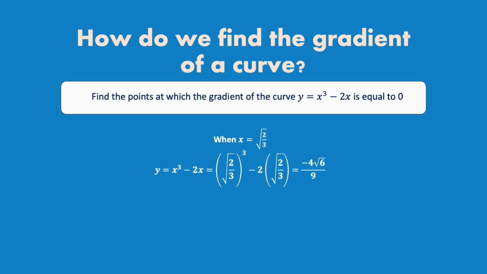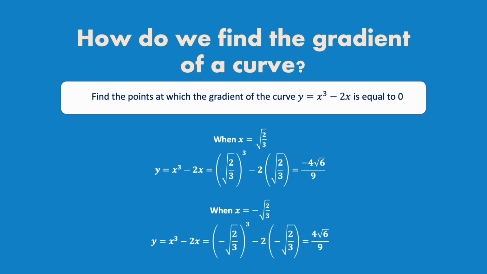So it looks a bit crazy, but if we put that into a calculator, you will get an outcome of minus 4 root 6 over 9. And likewise, if you do the same thing there with x equals minus root 2 over 3, substitute it in, again, let your calculator do the heavy lifting here, we get 4 root 6 over 9. And then that would be our 2 points at which the gradient on that curve is equal to 0.